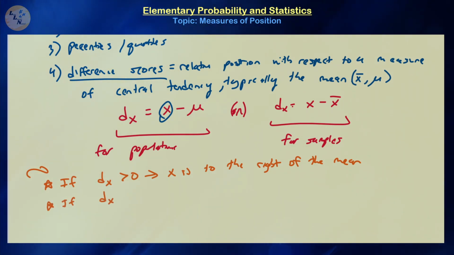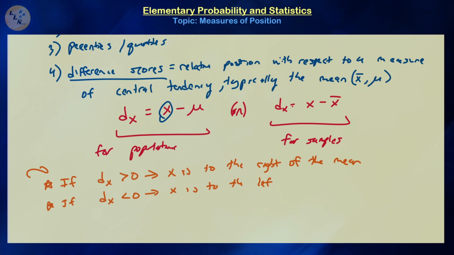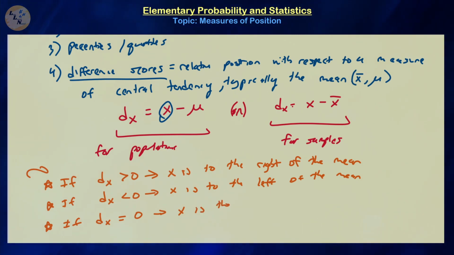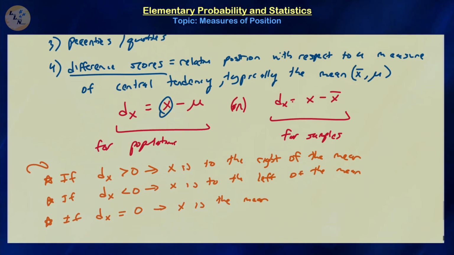If the difference score is less than 0, that means x is to the left of the mean or the median. And you can probably guess, if dx is equal to 0, that means x is the mean or the measure of central tendency that you are comparing to.